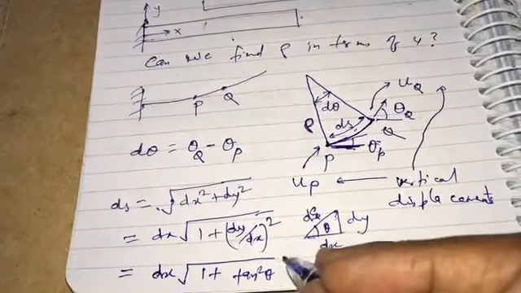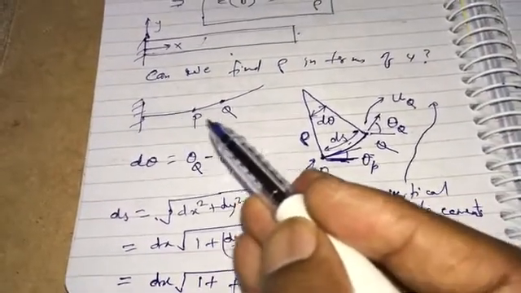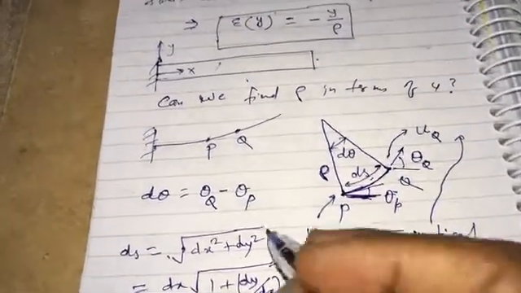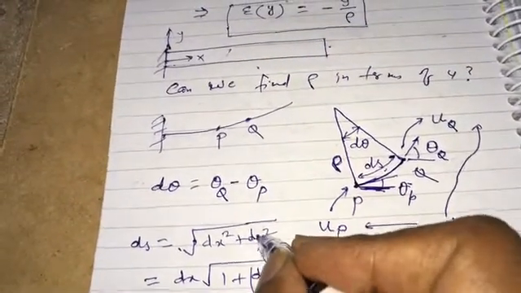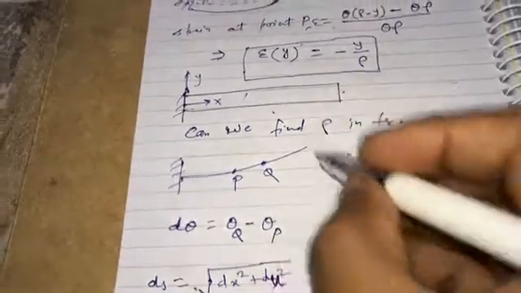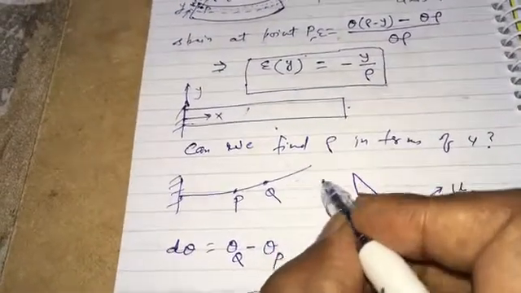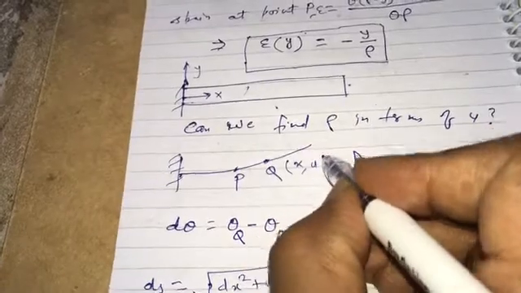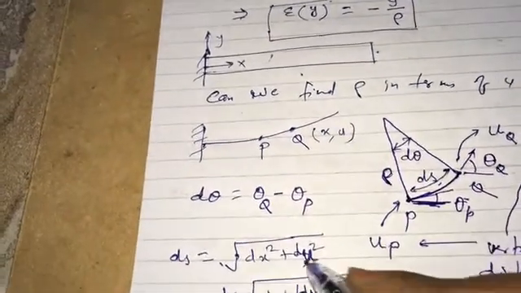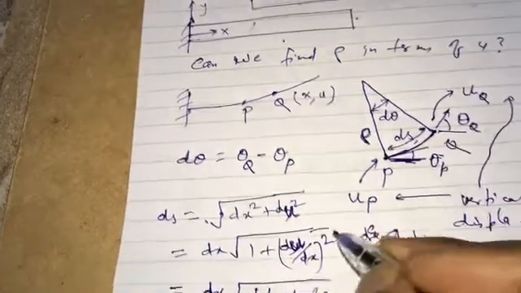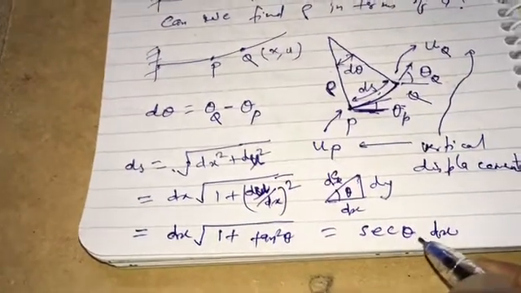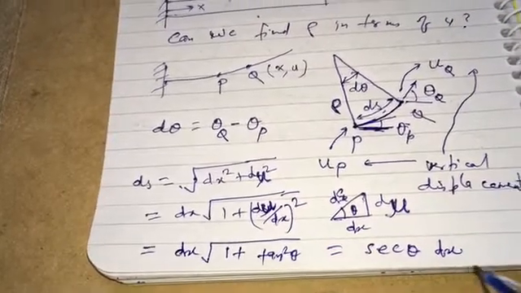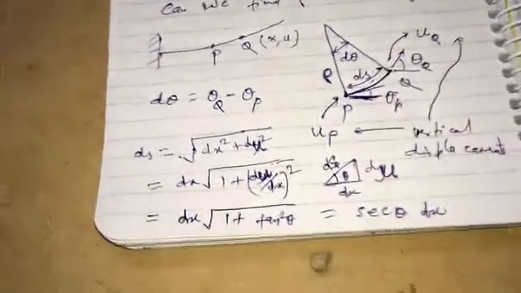By the way, remember, whatever we are getting upward is nothing but u. This is not y but u, so let's correct it. So dx square and du square, as we are talking about the deflection. Here this is u, so any point P has x and u coordinate system. So we write du square, so du over dx, and so on.